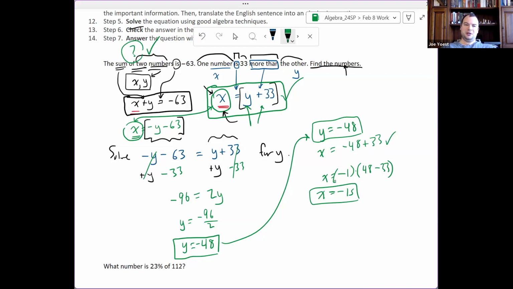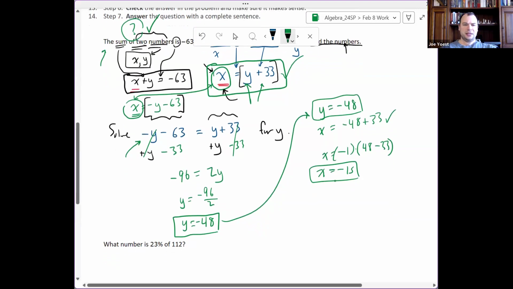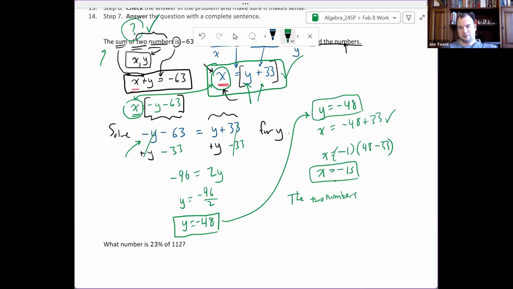I checked against the original word problem, not just the equation that I got, because I want to make sure that these actually satisfy the original word problem, and I didn't make a mistake at any point in this problem solving strategy. And then I suppose I could go through and say the two numbers are negative 48 and negative 15.